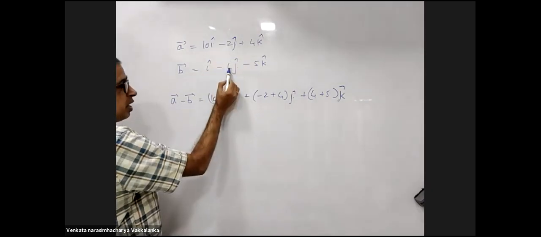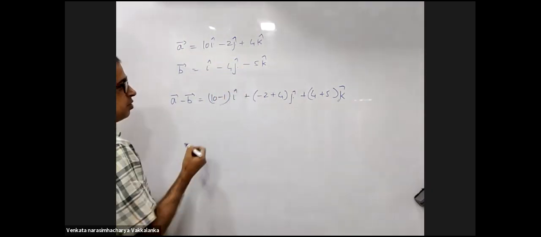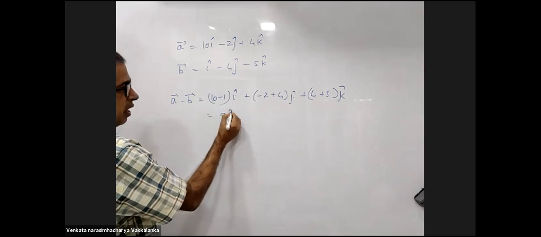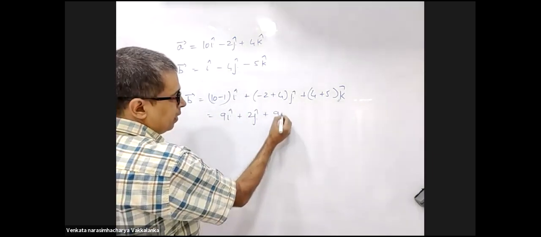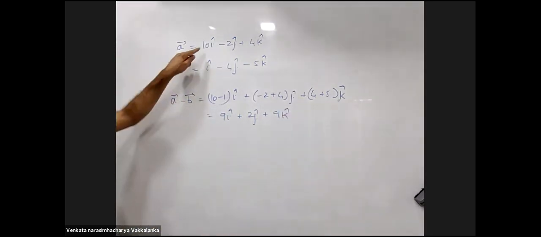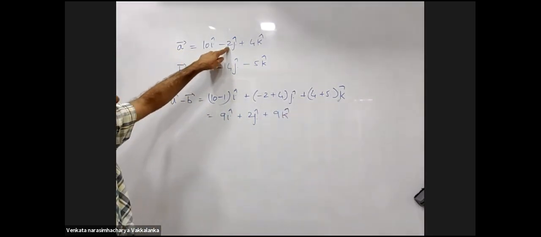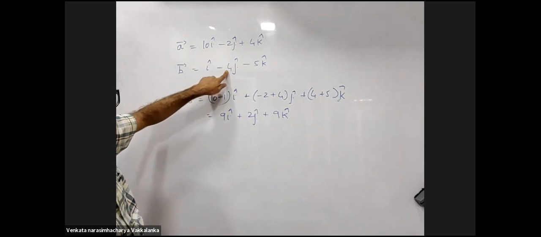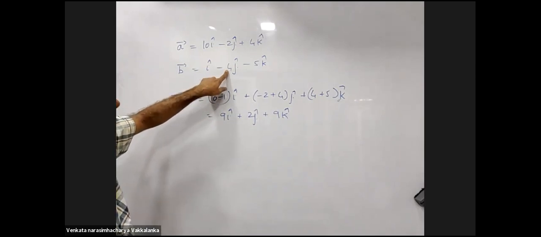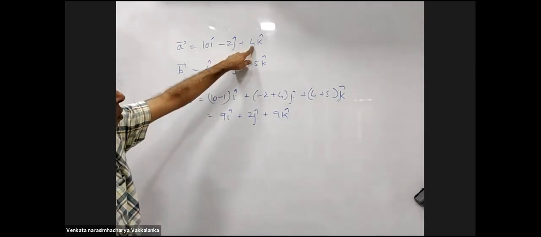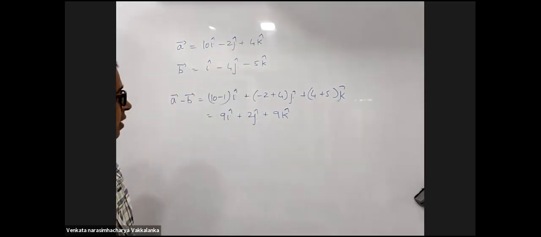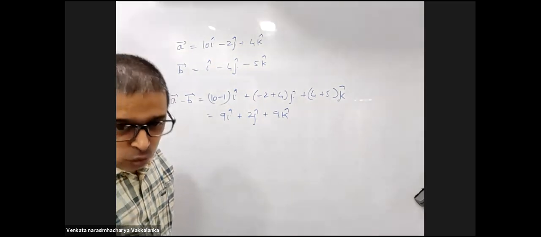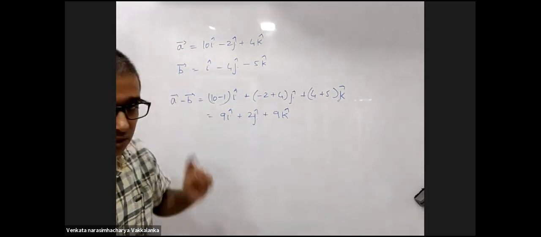Minus B means this minus this. 10 minus 1 is 9. Minus 2 minus of minus 4 is plus 4... so 2j cap. 4 minus of minus 5 is 9. So the answer is 9i cap plus 2j cap plus 9k cap.